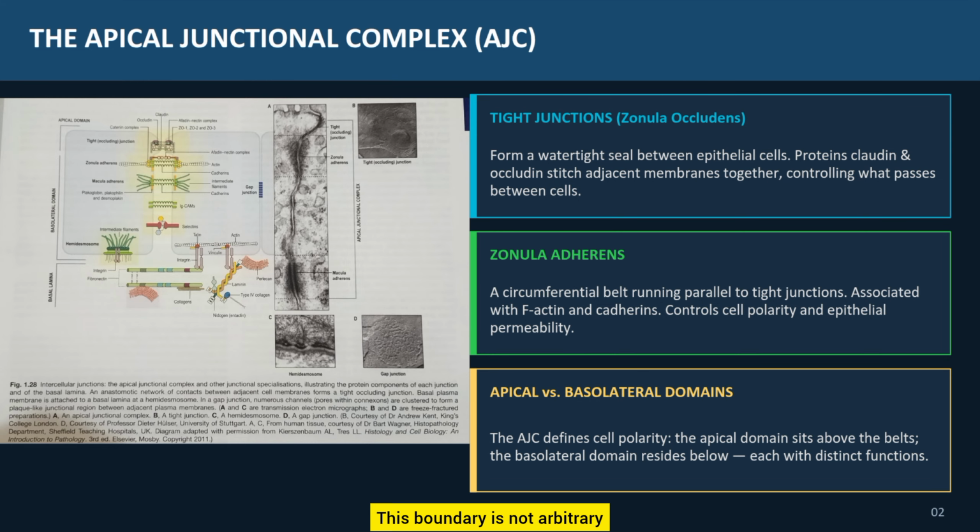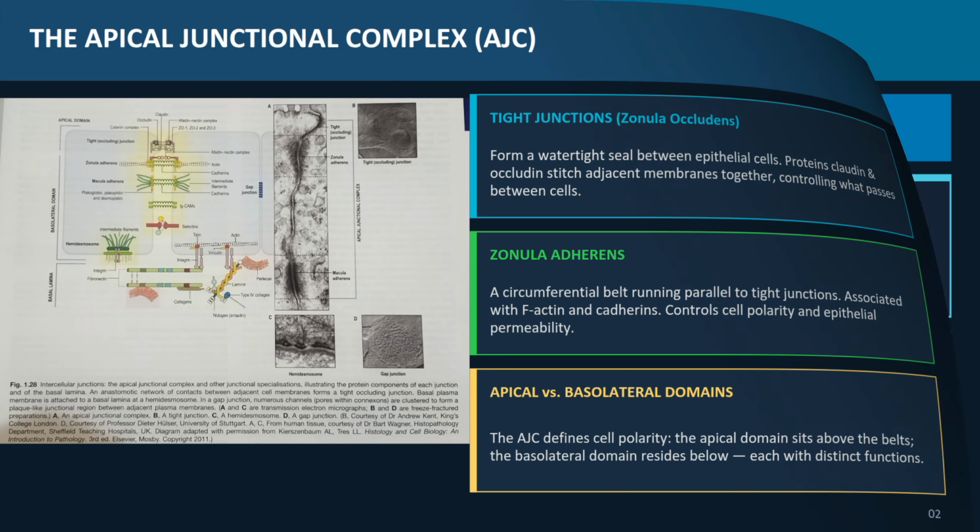This boundary is not arbitrary. The apical surface faces the lumen, or the exterior. The basolateral surface faces the basement membrane and neighboring cells. Each domain has completely different proteins, channels, and functions. This polarity is what allows, for example, your intestinal cells to absorb nutrients on one side and release them into the bloodstream on the other.